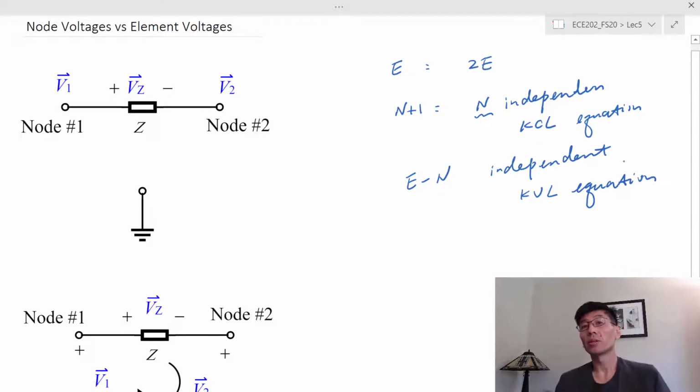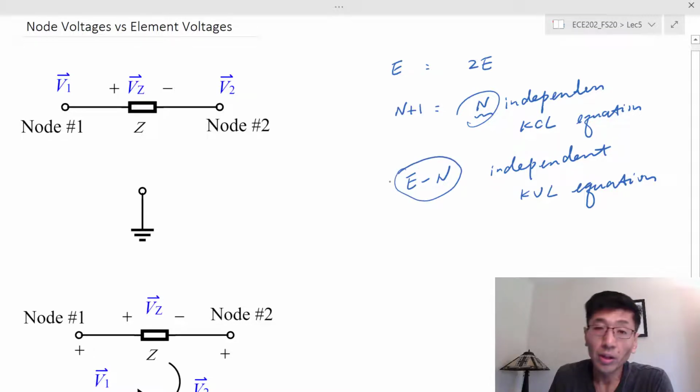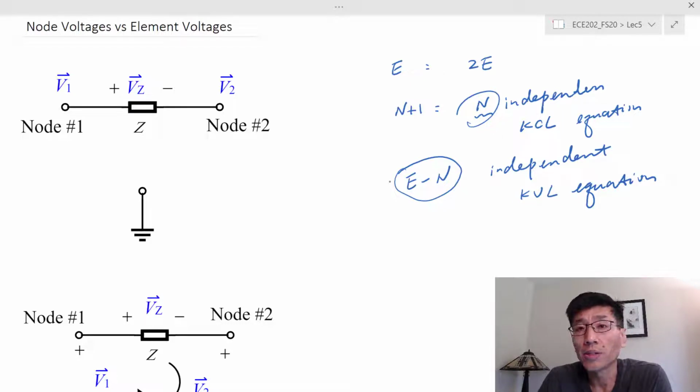So using node voltage analysis, we only need to solve n independent equations. And if we use the mesh current analysis, which we will introduce later in this lecture, we only need to solve E minus n. That's a lot fewer equations to solve simultaneously compared to just writing the element constraints for the system.